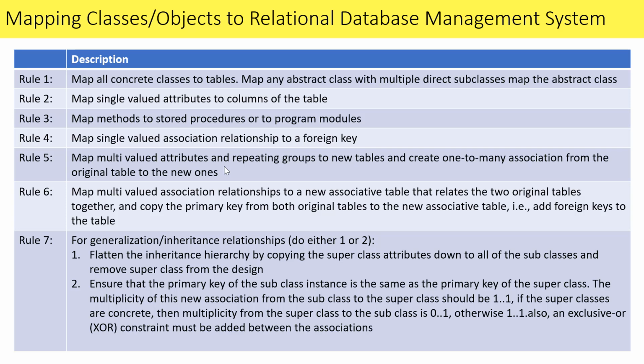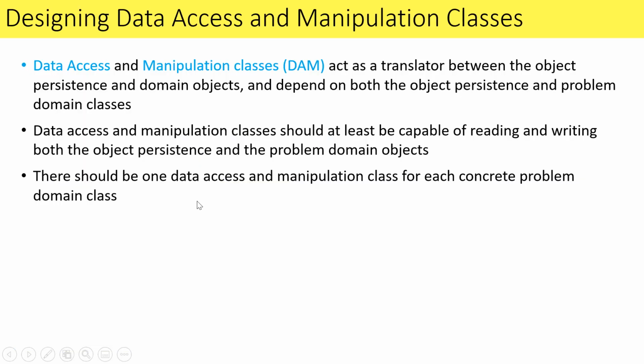And when you do that, of course, you need to bring all the attributes and operations of superclasses into the subclasses, and so that's how we do it. So that was the mapping part.